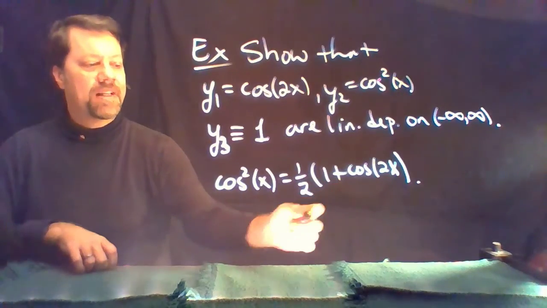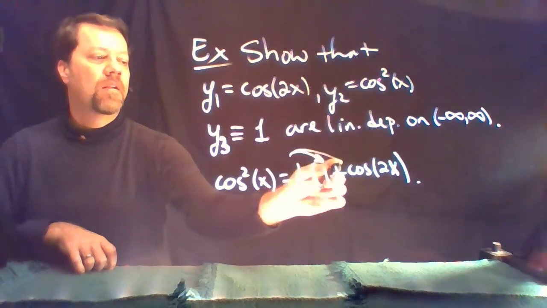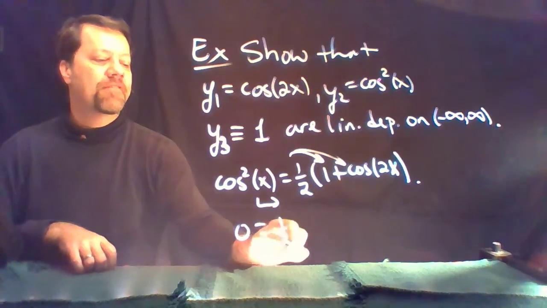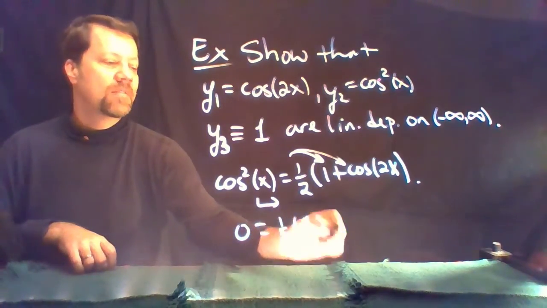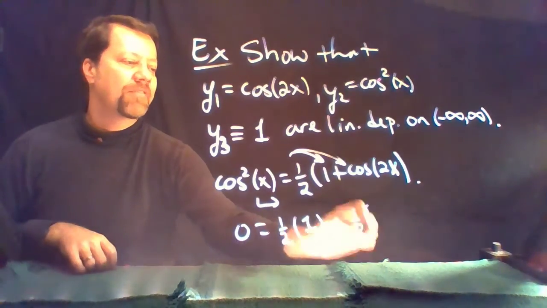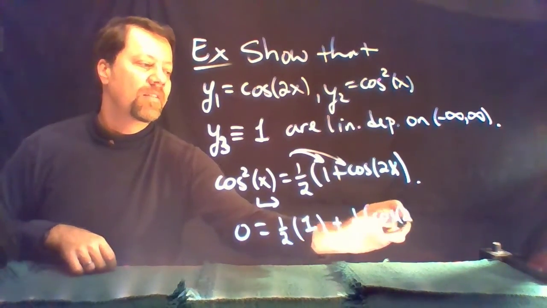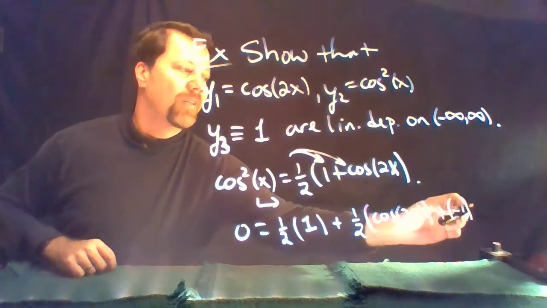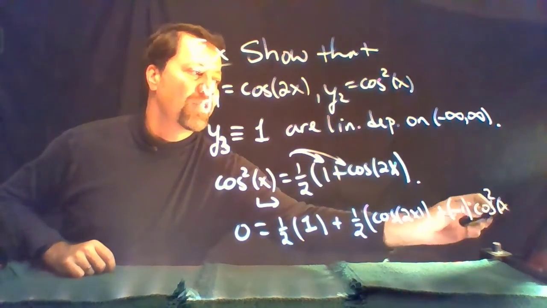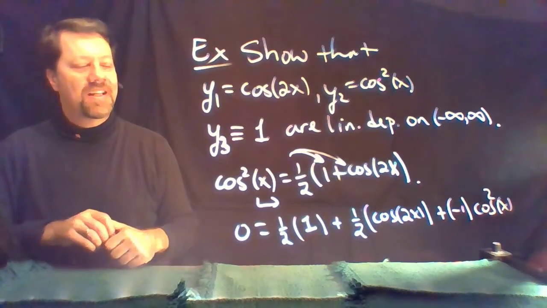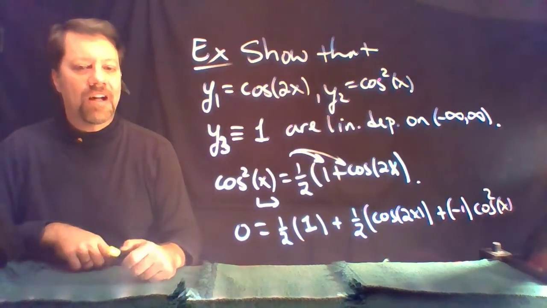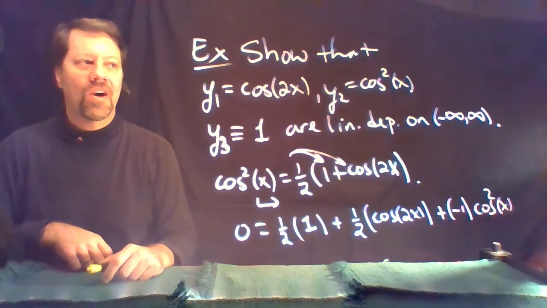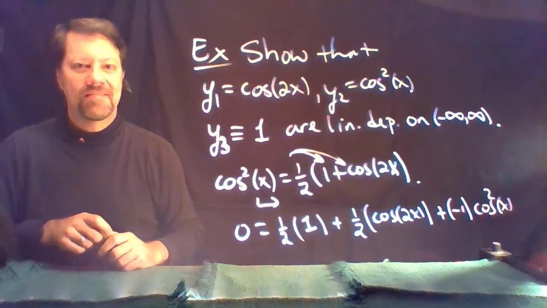We can distribute this and then move this term to the other side to get 0 is 1/2 times 1 plus 1/2 times the cosine of 2x plus -1 times the cosine squared of x. You can see now that we have a non-trivial linear combination that gives us 0. These functions are linearly dependent.